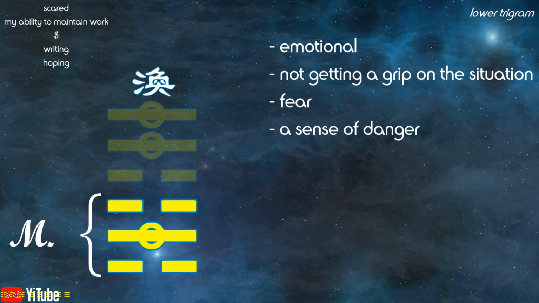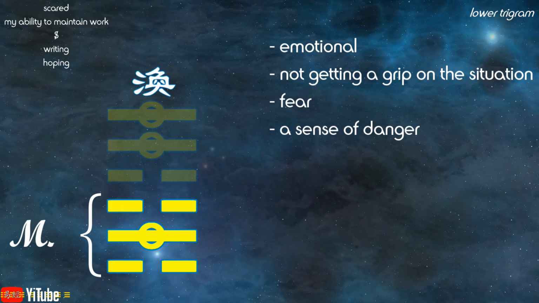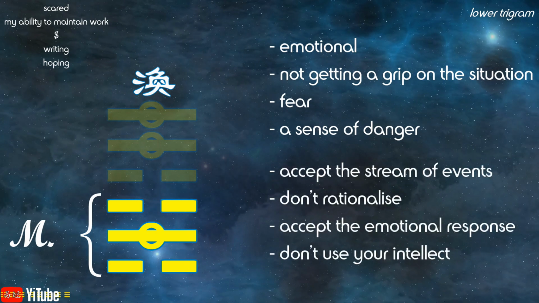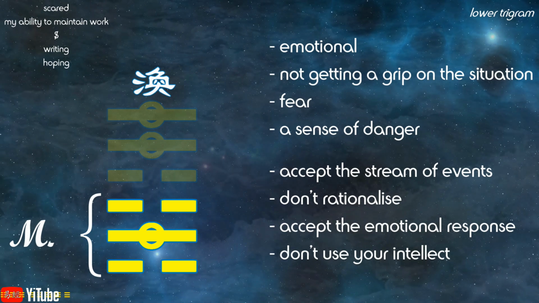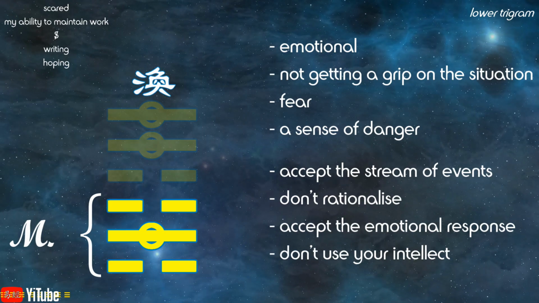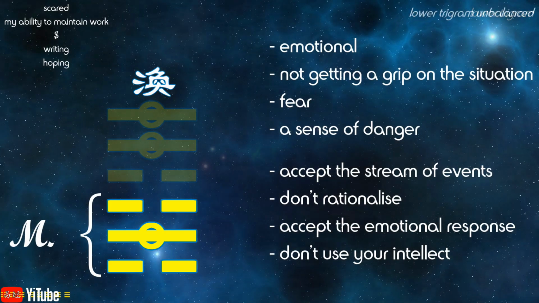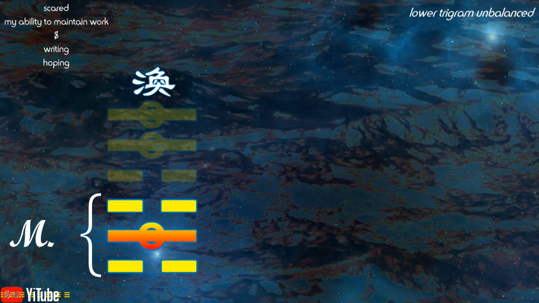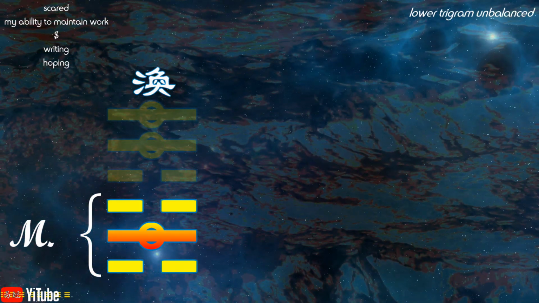At the same time, the trigram tells how she can cope with this. Follow and accept the stream of events without trying to control it. Don't rationalize the experience, but accept the emotional response that comes with it, and dare to act on these emotions instead of using intellect. The moving line in this trigram shows that M is struggling with implementing all this.